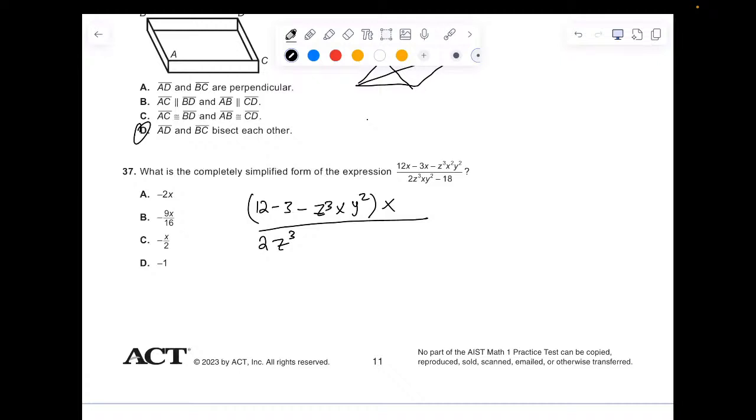What? I'm seeing a problem here. It would be easy if that were an x. I don't see an answer.